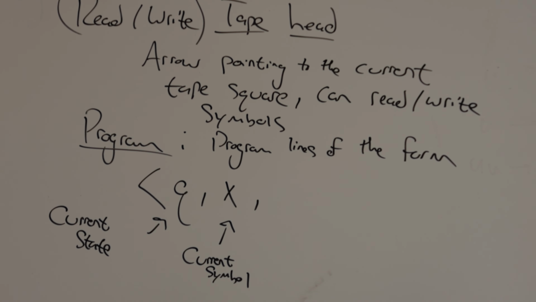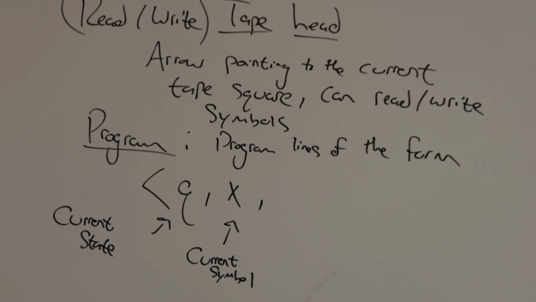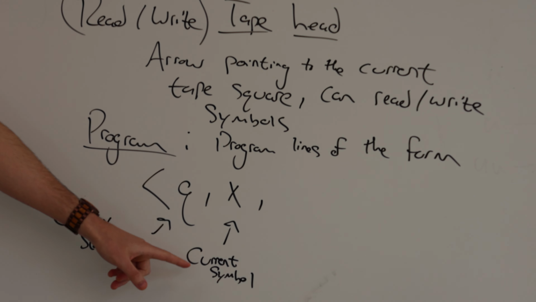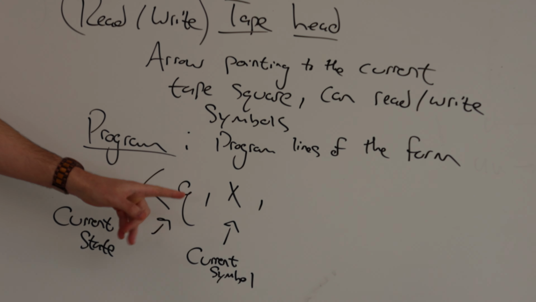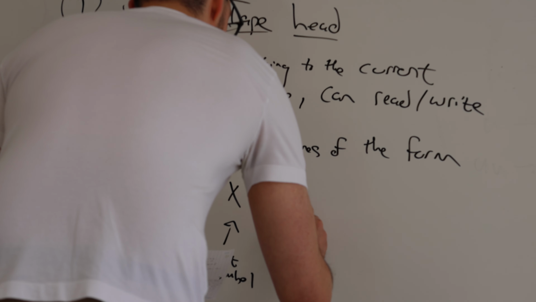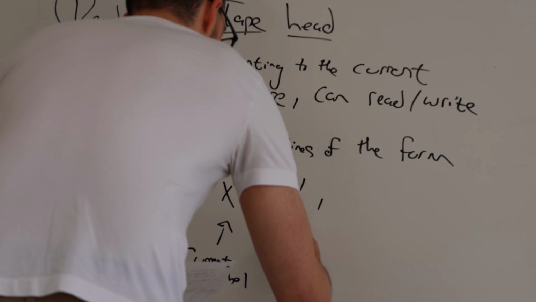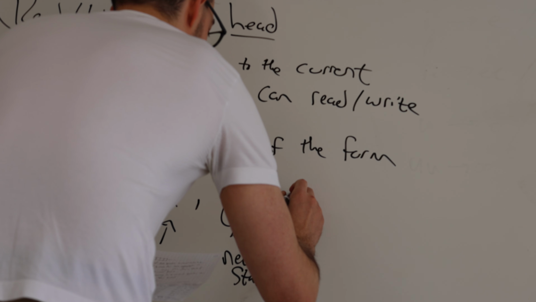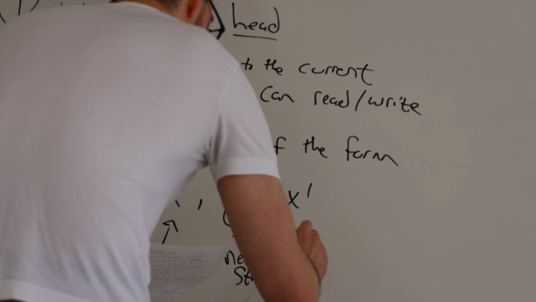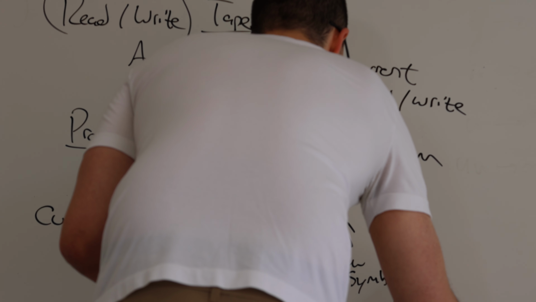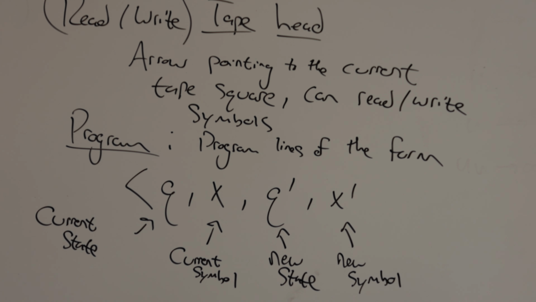So what the program line is going to do is say, if you're in this current state, and if the tape head is looking at this current symbol, then do something. It's going to do the following. It's going to change q to q prime, so this will be the new state, and it's going to change x to x prime. This will be the new symbol. Okay?